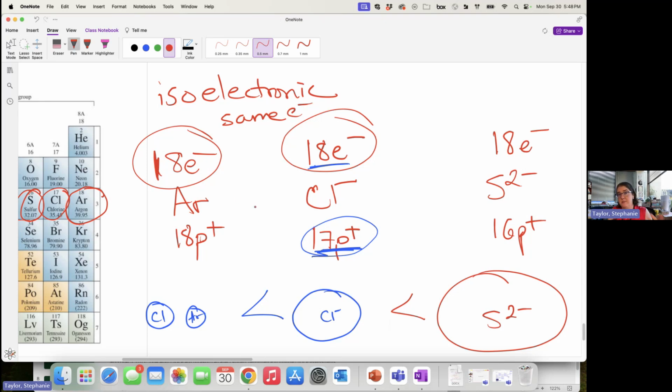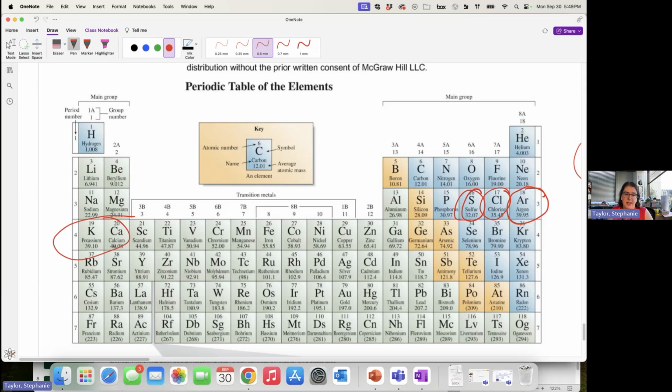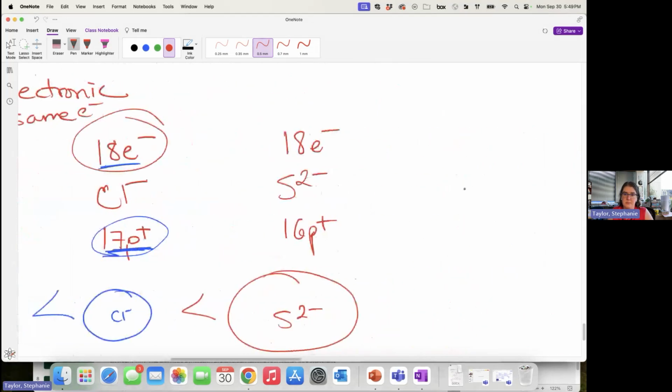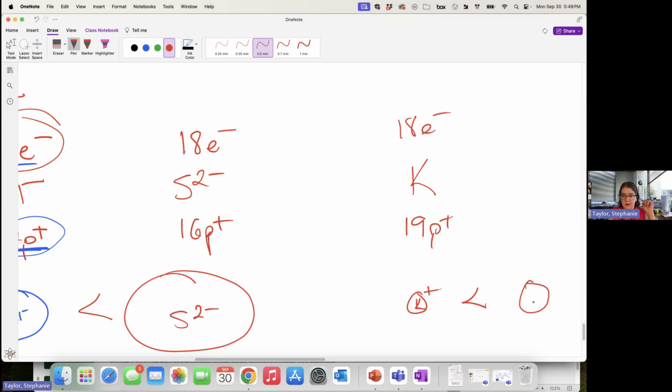And likewise, if you flip that, let's grab potassium and calcium. Potassium has 19 protons hanging on to 18 electrons. This thing's going to be really small, right? And it's going to be smaller than the argon because, again, argon was hanging on to 18 electrons with 18 protons.